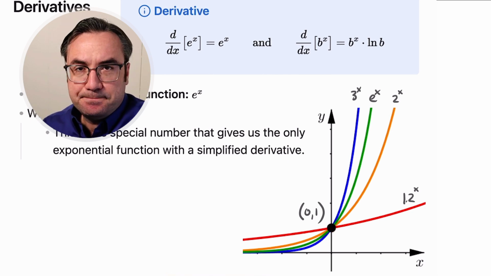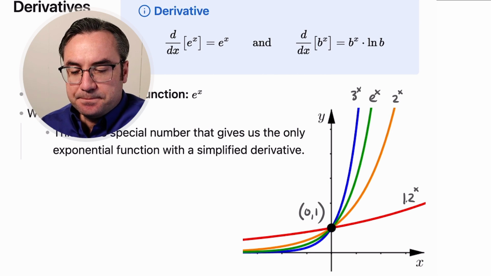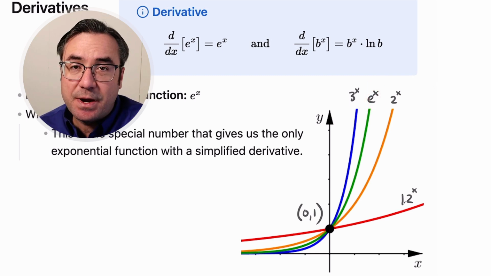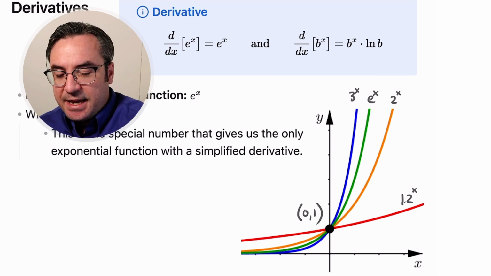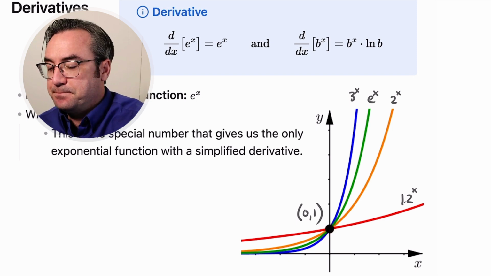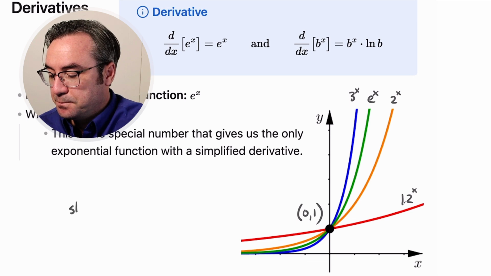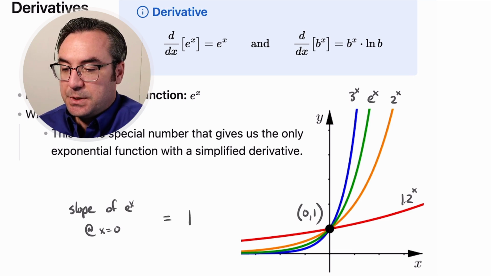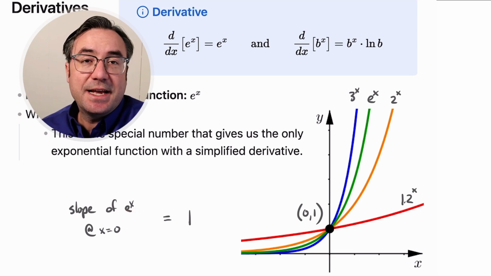And one of the things that's special about this natural exponential function, e raised to the power x, is that if we were to figure out the slope of our curve at that point, the slope is going to be exactly equal to 1. So out of all the exponential functions, this is the only exponential function that has that property.